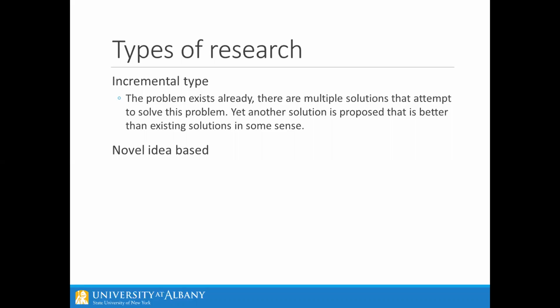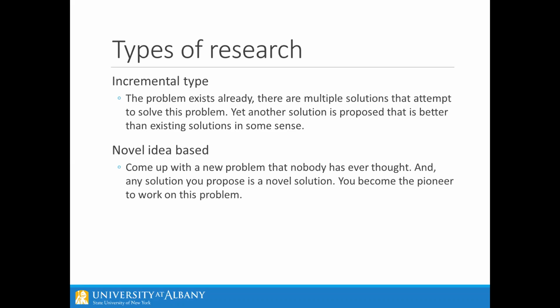Then the second category is novel idea based kind of work, which is you come up with a new problem that nobody has ever thought of. Okay, this problem is itself a new problem, and that means no solution already exists to it, and any solution you present is a novel solution because the problem itself is new.